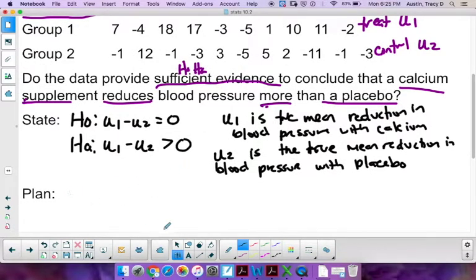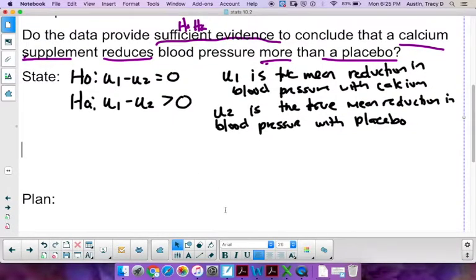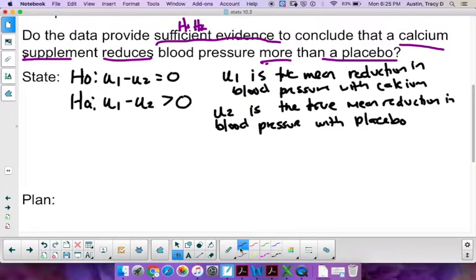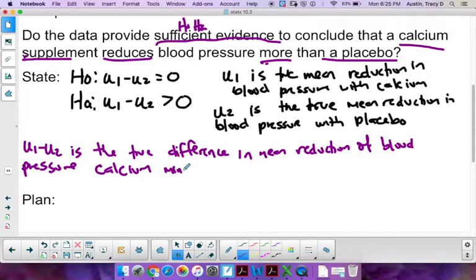It would be something like, let's see, mu1 minus mu2 is the true difference in mean reduction of blood pressure, calcium minus placebo.